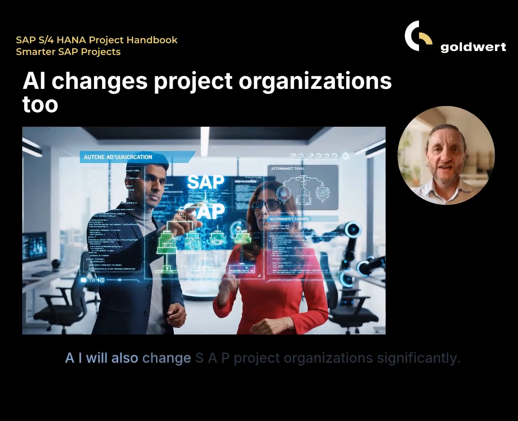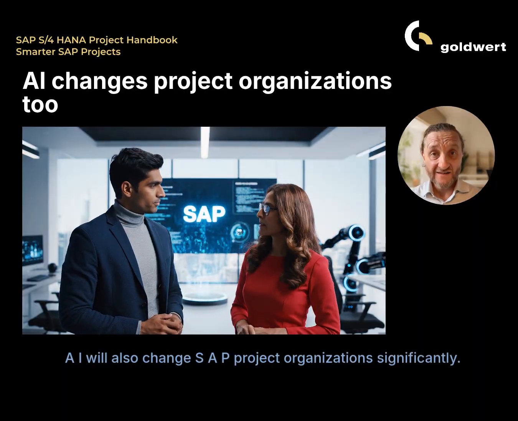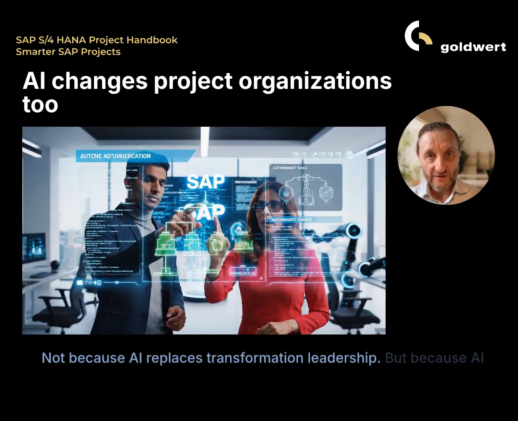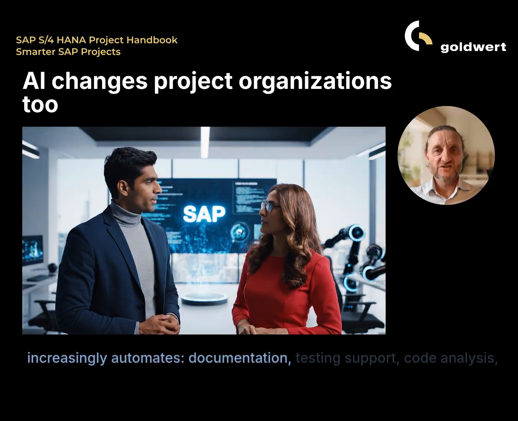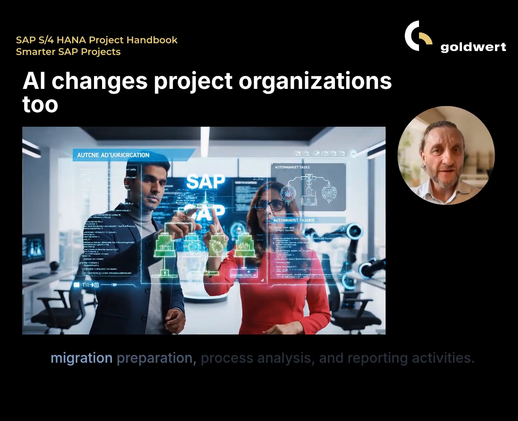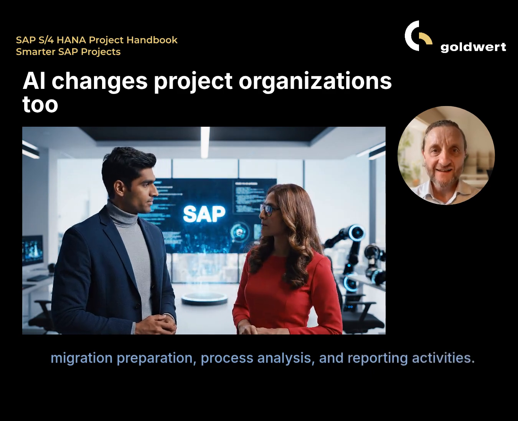AI will also change SAP project organizations significantly. Not because AI replaces transformation leadership, but because AI increasingly automates documentation, testing support, code analysis, migration preparation, process analysis, and reporting activities.